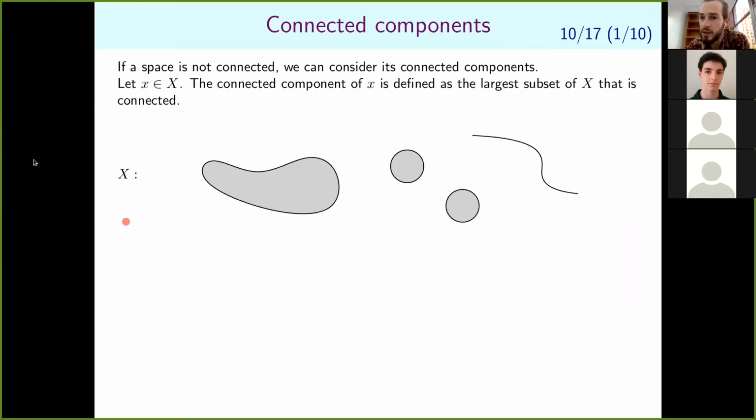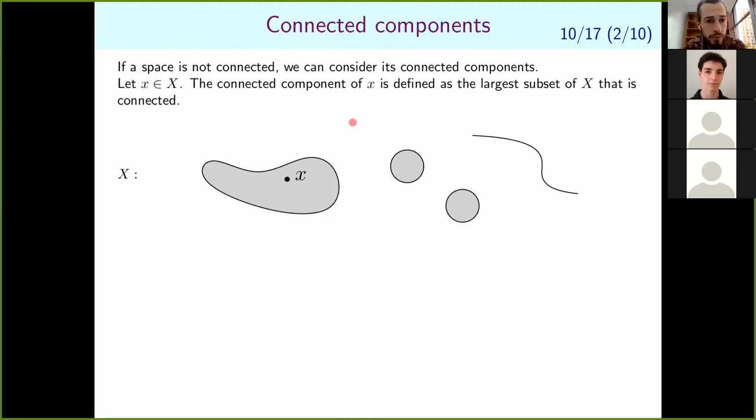Let's take any topological space X and take a point, little x, in large X. I can define the connected component of x. The connected component of x is defined as the largest subset of my topological space that is connected.